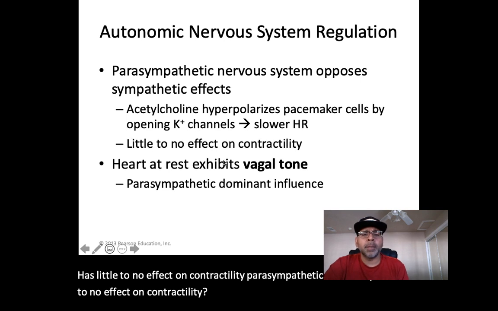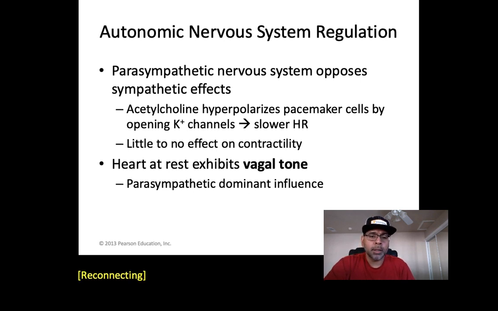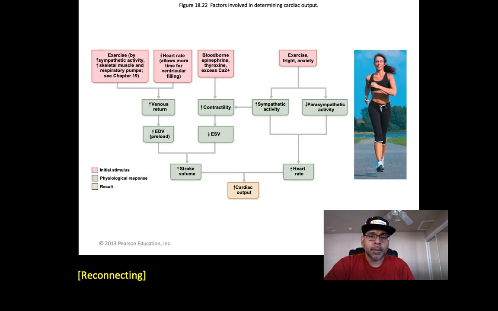Heart at rest exhibits what we refer to as vagal tone, and that is a parasympathetic dominant influence. So again, we can see exactly what we saw before as well.